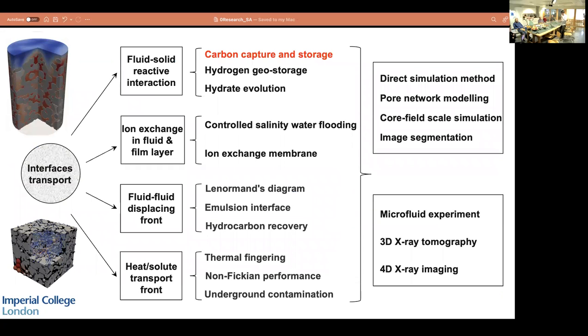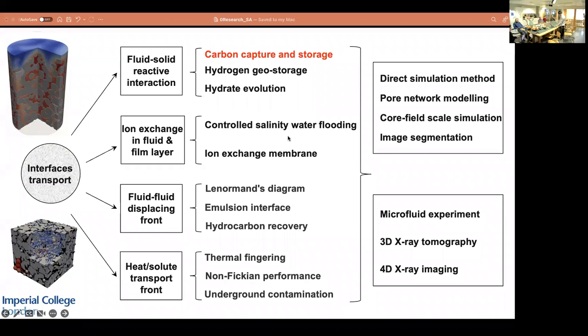So my research work is mainly about interface transport, and it's generally transport. It's all the interface. So it includes the fluid-solid reactive transport and the ion exchange, also the fluid displacement, and also some work about heat and mass transfer in the porous media.